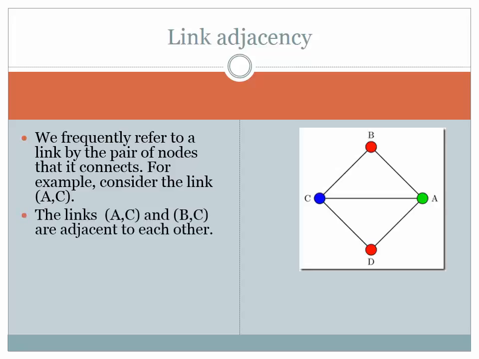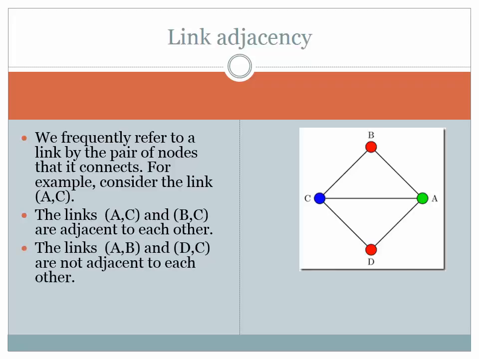The links AC and BC are adjacent to each other because they have the common node C. The links AB and DC are not adjacent to each other. And the node B is incident to the edge BC.